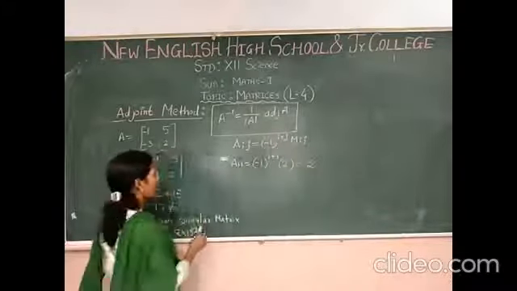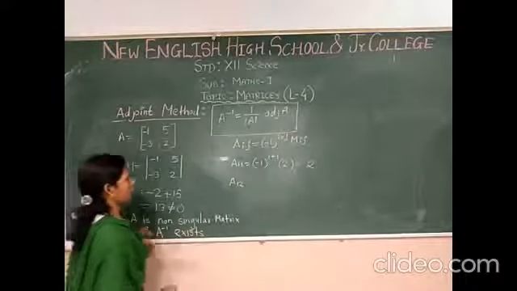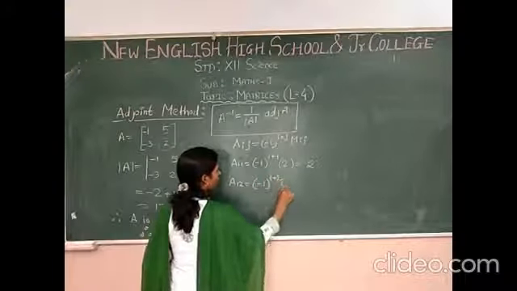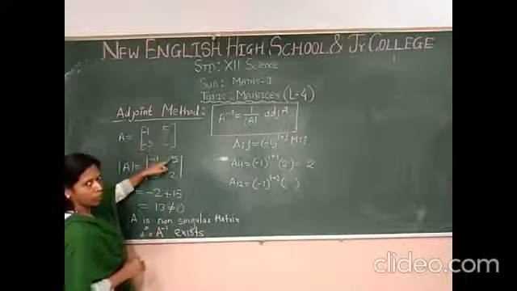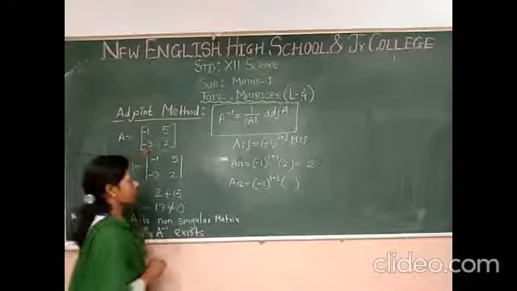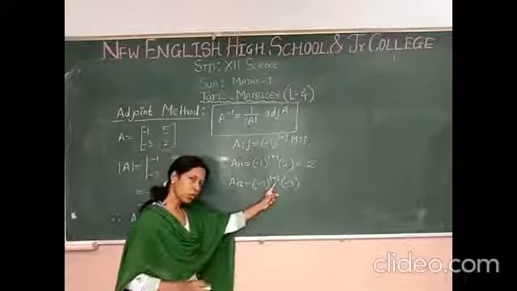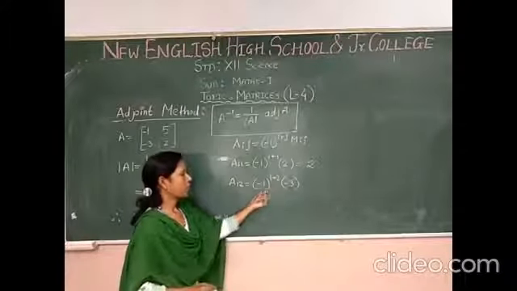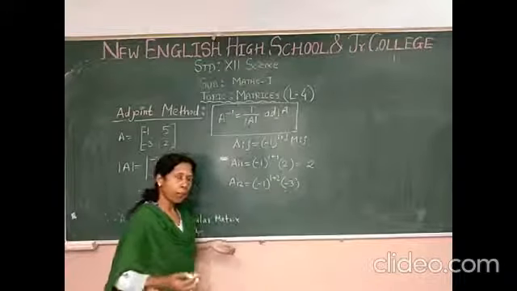Okay. Now A12 equals to minus 1 raised to 1 plus 2. Hiding first row and second column, what remains over here? 5. 1 plus 2 is 3, an odd number. Minus 1 raised to an odd number is negative. Minus 1 into 5 is minus 5.